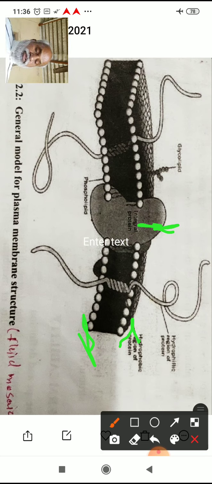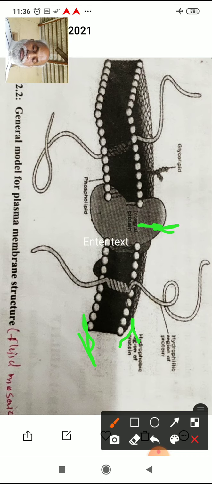Glycolipids are attached to the phospholipids along with sugar chains.